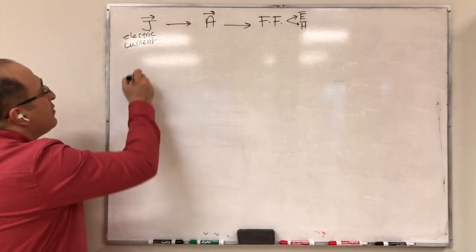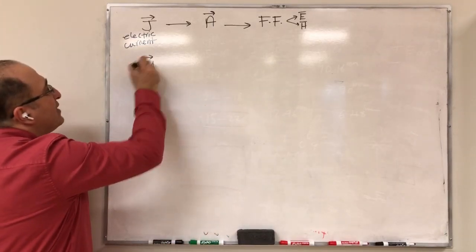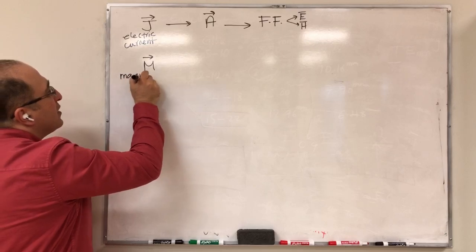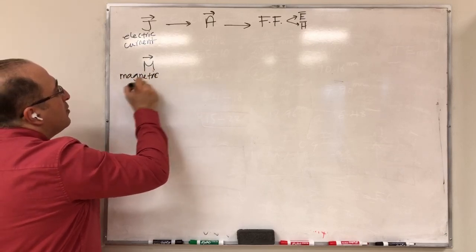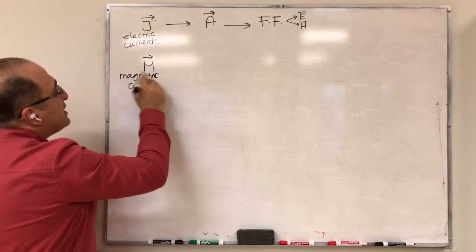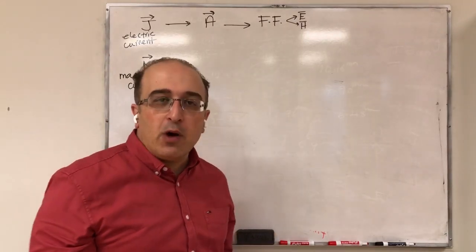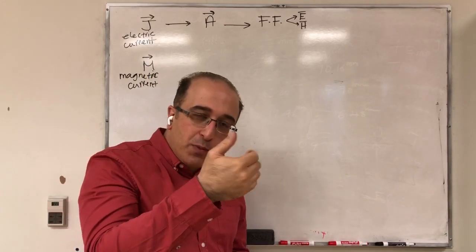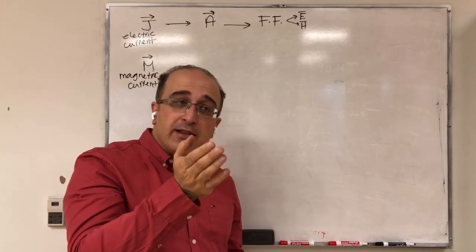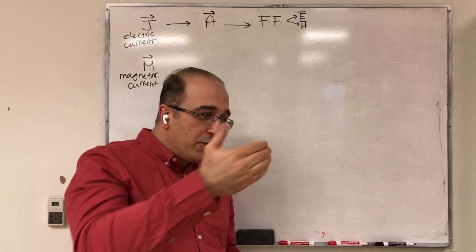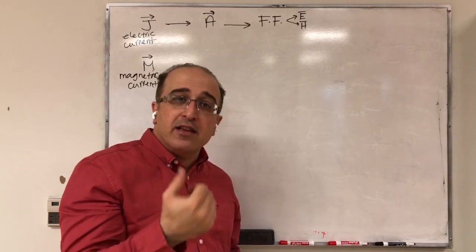Now, the other one that we saw is the magnetic current, M. This particular one, the one that we discussed in this course, was related to a small loop antenna. On the small loop antenna, we had the electric current that was going around in the phi hat direction.